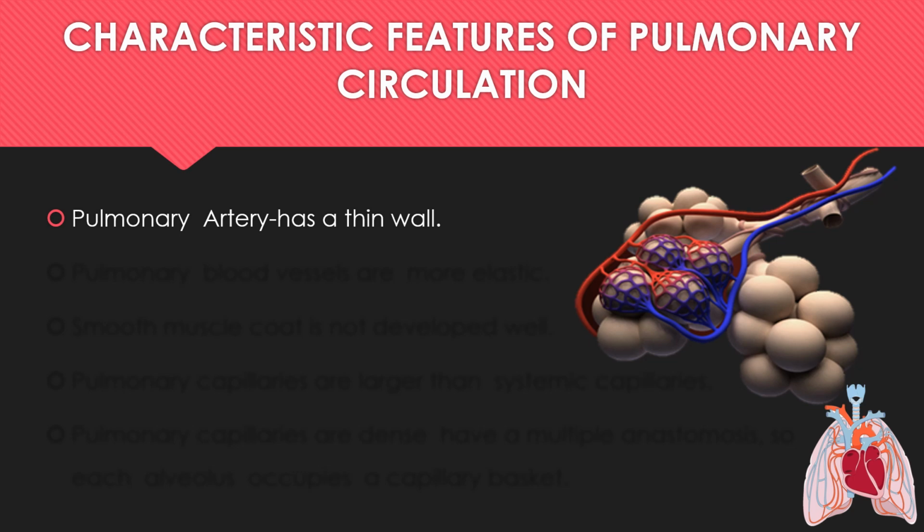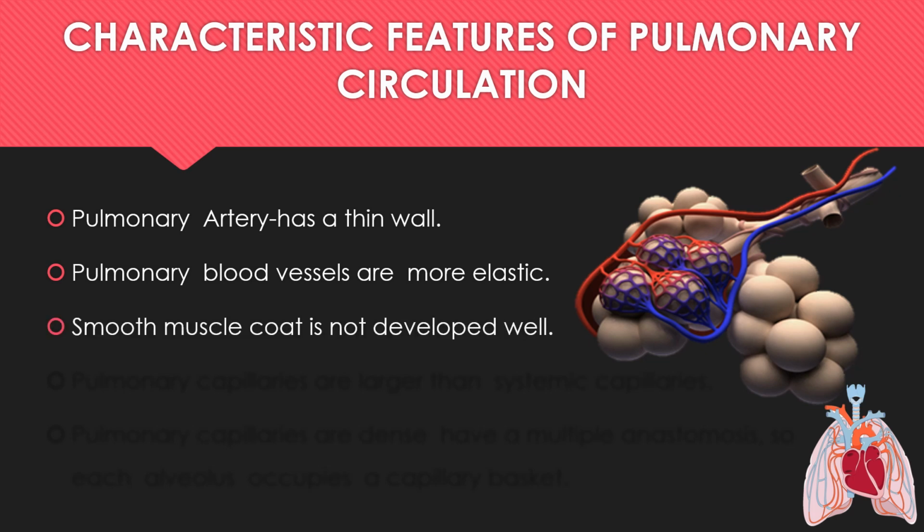is very thin walled. Its thickness is only one third of the thickness of the aortic wall. The pulmonary vessels are more elastic. The smooth muscle coat is not very well developed like that of the aorta or the systemic circulation.